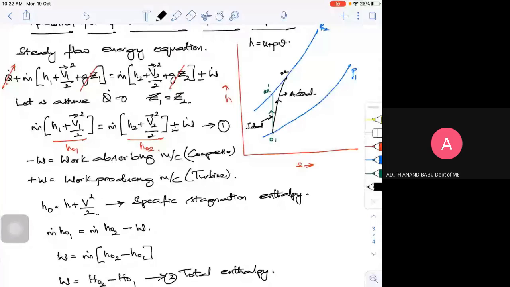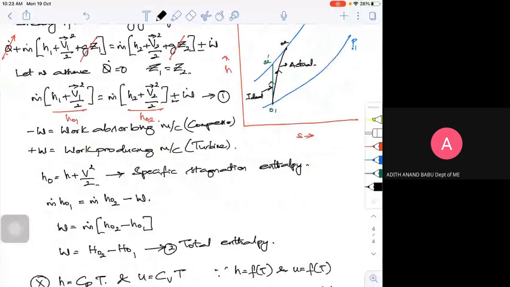Or if it's a compressor, it is the ratio of the ideal change in enthalpy to the actual change in enthalpy. So for a turbine I can write an efficiency, and likewise for a compressor. Here, for a total efficiency or compressor efficiency, H02 dash minus H01 divided by H02 minus H01 will be the efficiency.